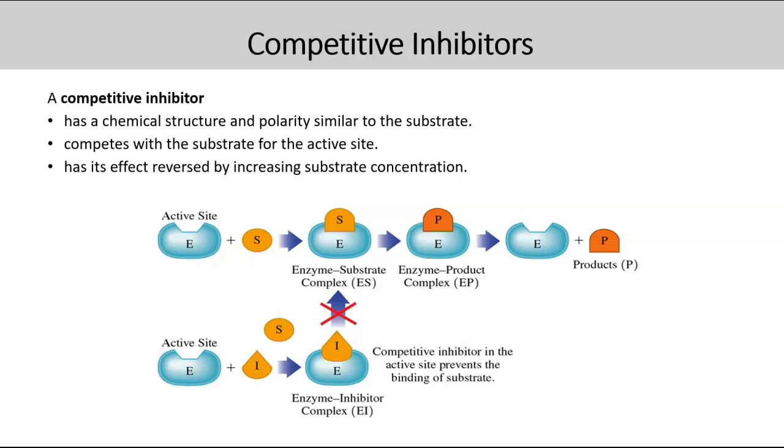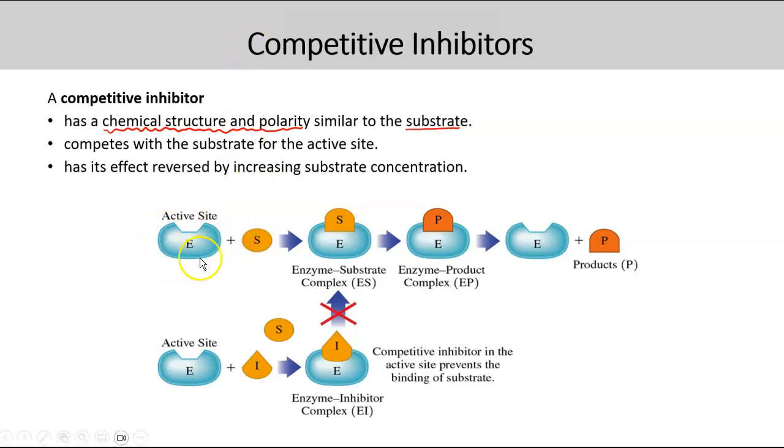To bind there, they need to have a similar chemical structure and polarity. This is very important, right? That's how they compete with the substrate. They have a chemical structure and polarity similar to the substrate, so they compete with the substrate for the active site.